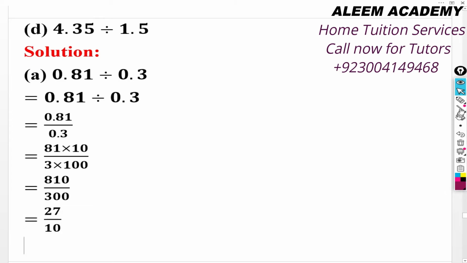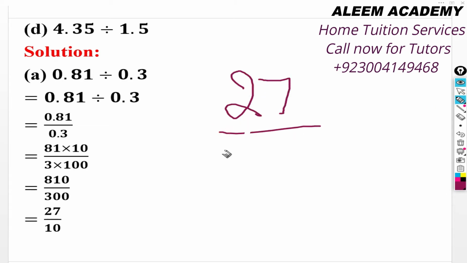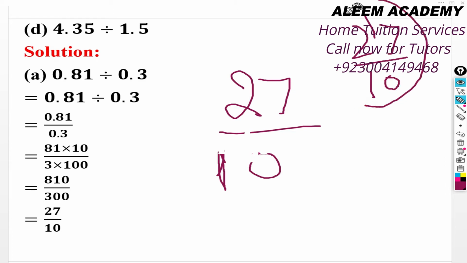So remember one thing: if you have this 27 over 10, now you have to convert this number back into decimal form. If we have 2.7, then if you cut this decimal, you will write 1 on the other side, and see how many digits are there after the decimal. There is one digit, so you will write 0 here. Now if you convert this number back into decimal, it will obviously be 2.7.